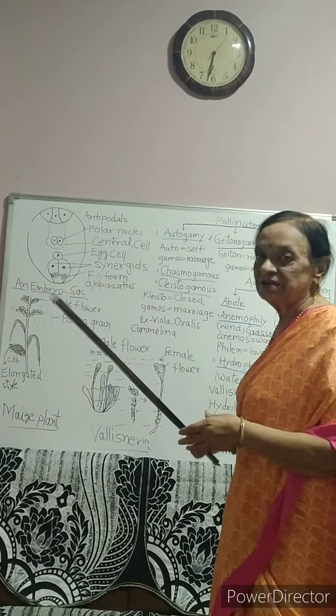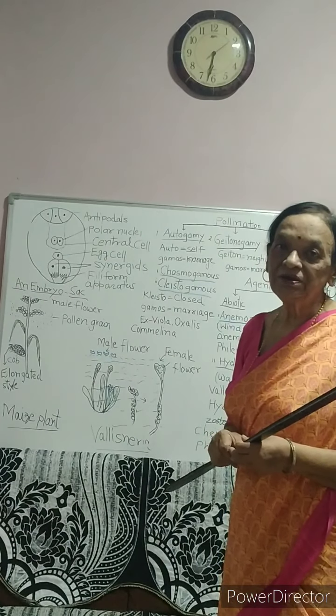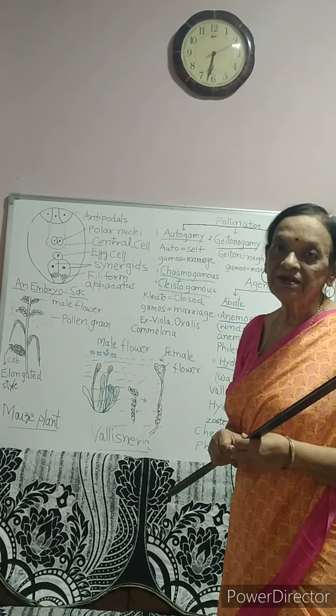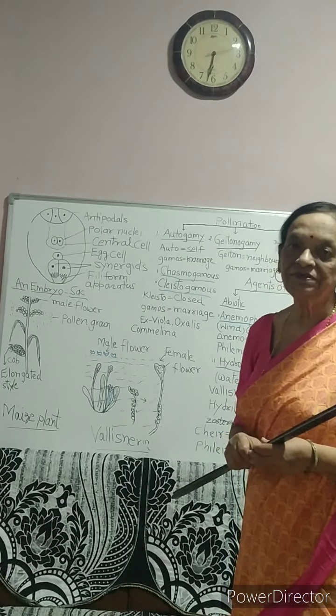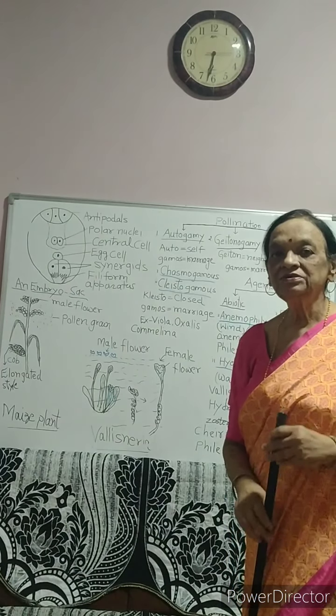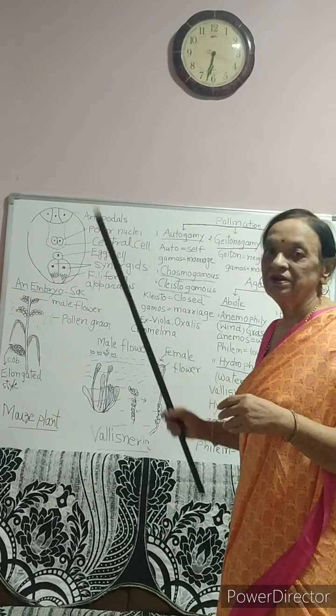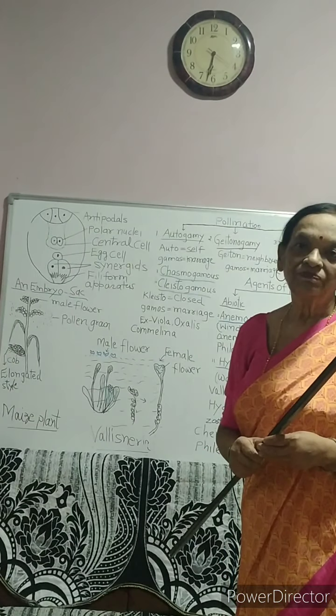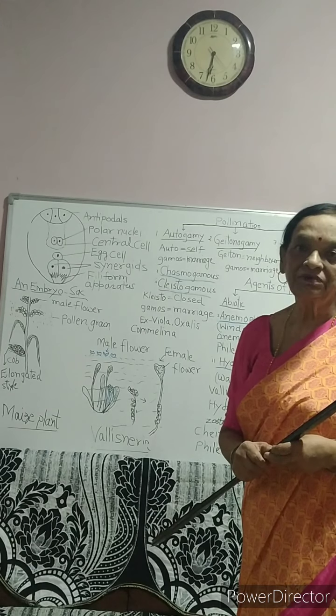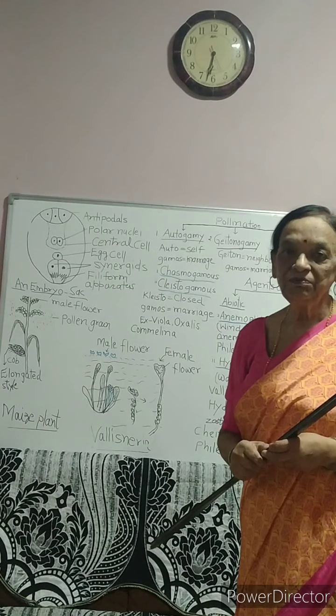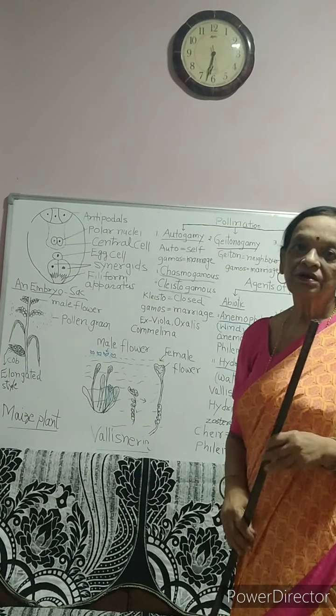This embryo sac or female gametophyte is the gametophyte generation of angiospermic plants. It is haploid. Now, what is the difference between male and female gametophyte?